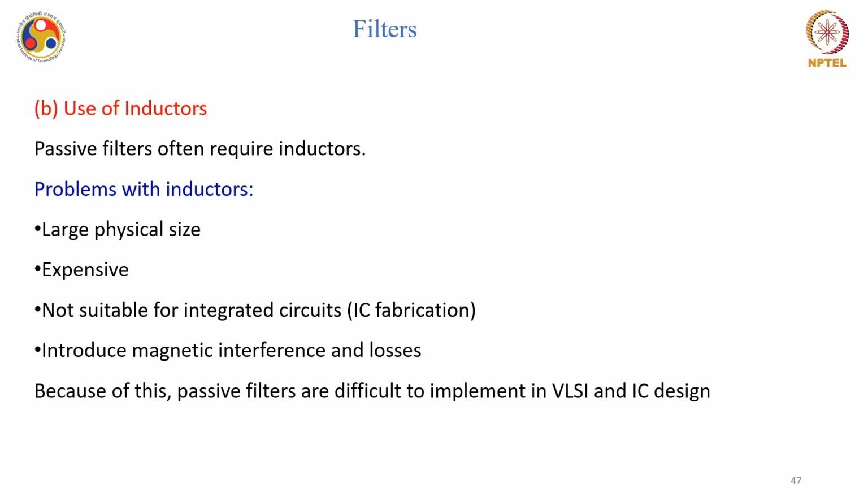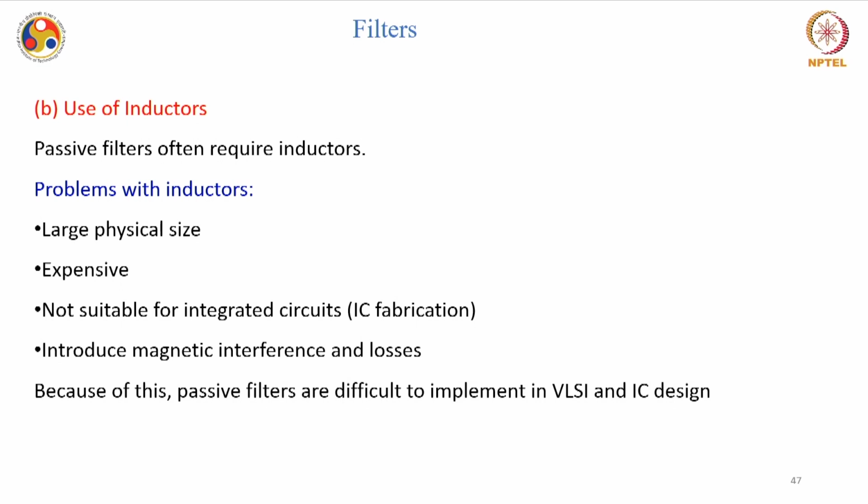So, it requires a large size and they are also expensive. Therefore, they are not suitable for IC fabrication, and they are actually avoided in VLSI and IC designs. They also have magnetic interferences because they are coils, and any change in nearby magnetic field or any change in nearby currents can induce other currents or magnetic field in these coils. So, usually they are avoided, particularly for on-chip applications.